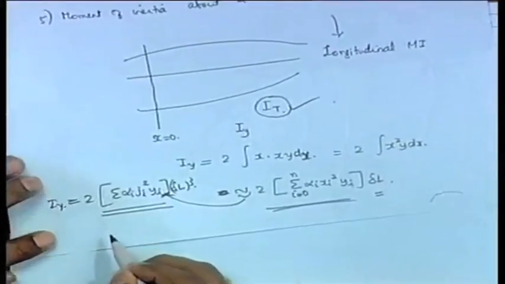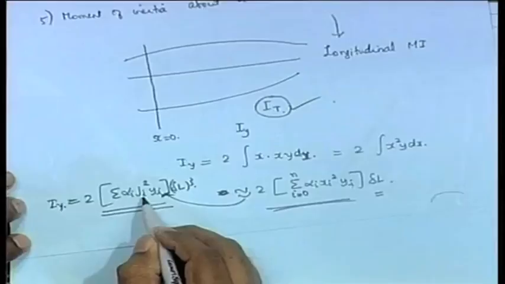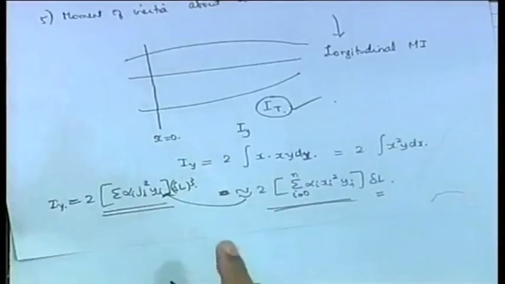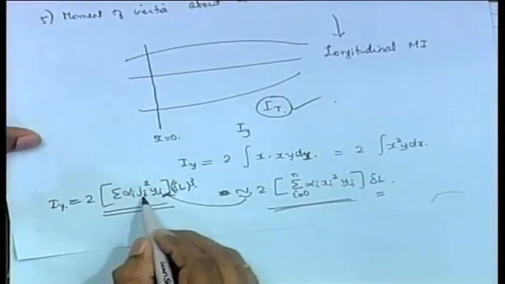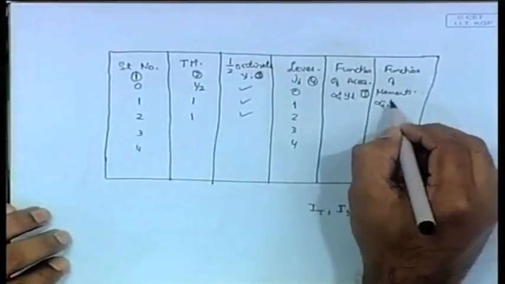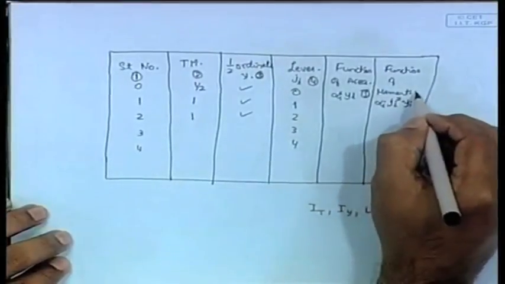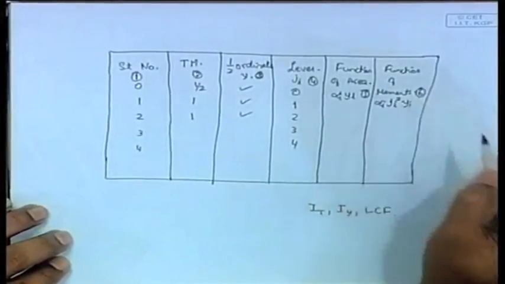To get I y, you need this expression. That means, what do you need? You need alpha I j I square into y I. This is the function of moments. This is your column 6.